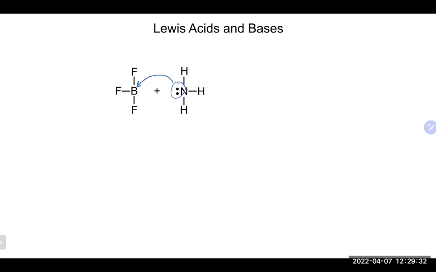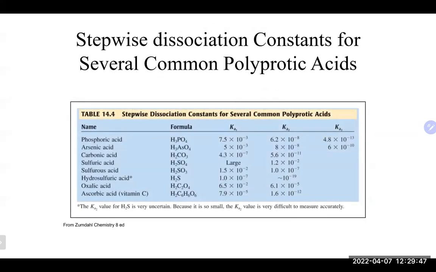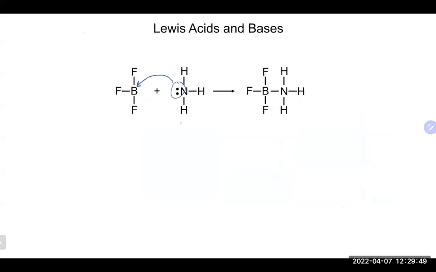You might remember boron is an exception to the octet rule. It has an incomplete octet, which means it has less than 8 electrons, which means it's also deficient in electrons and willing to accept those electrons. This would obviously be our base, and this would be our acid in this case, as the boron accepts those electrons.